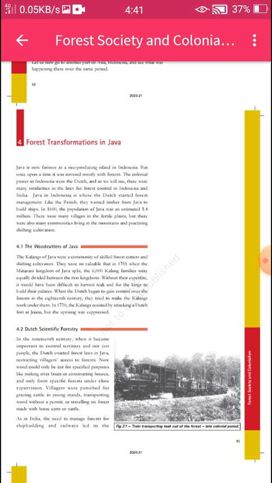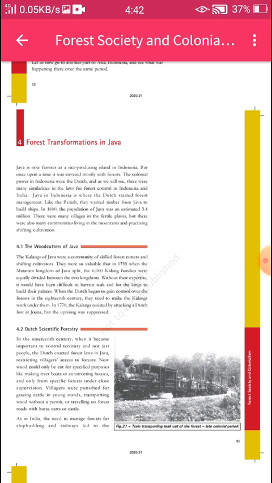Villages were restricted from the forest, and wood could not be cut for specific purposes like making river boats or constructing houses unless they showed proof. If villagers went into the forest for grazing cattle, transported wood without permission, or traveled on a forest road with horse carts or cattle, they received harsh punishment from the Dutch government.